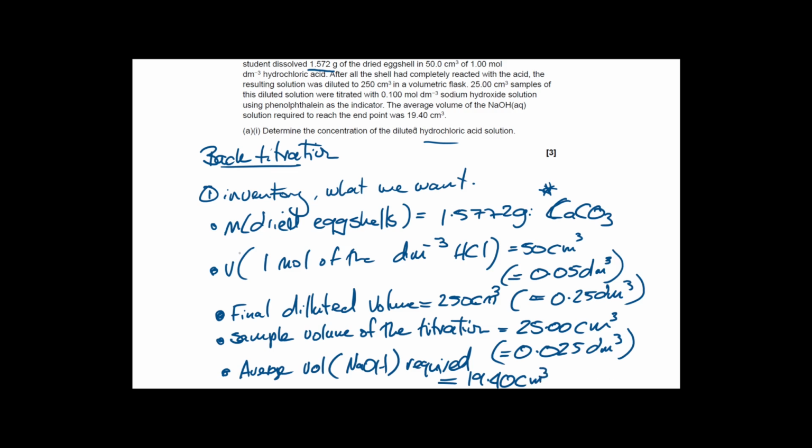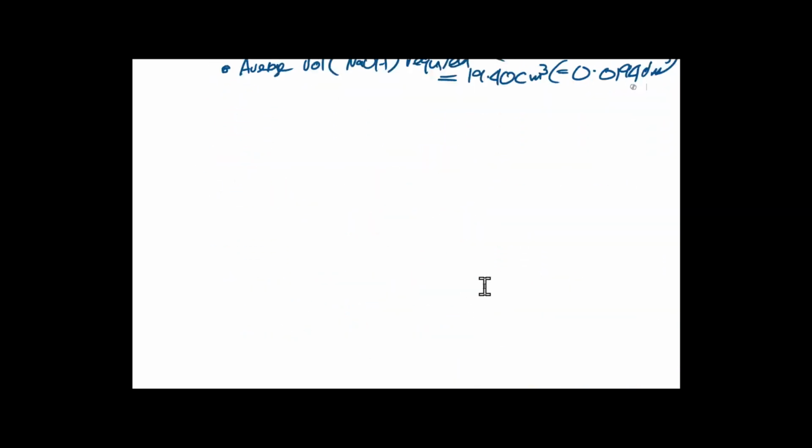That's what they give us up here. And I'm going to need to translate that, I think, in the future to SI units, so it's going to be 0.0194 dm³. So a bit of a mess there, but that's what we've got. So that's what we're going to be working with.